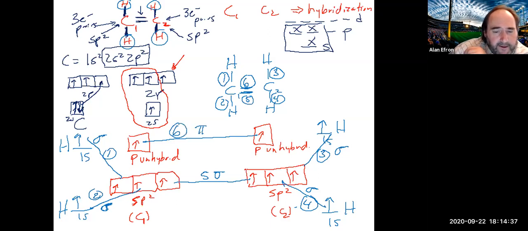You could even be super specific as to which orbital it is, because if you remember when we talked about electron configuration, this one would be the 2px orbital, this would be the 2py orbital, and this last one over here that was unhybridized is the 2pz orbital. So this is a pi bond between the 2 unhybridized 2pz orbitals. That accounts for all 6 of the bonds. We used up all of our electrons when we did this.